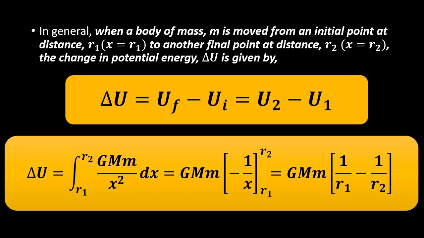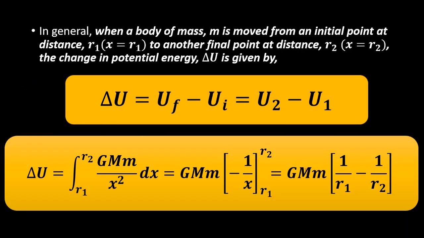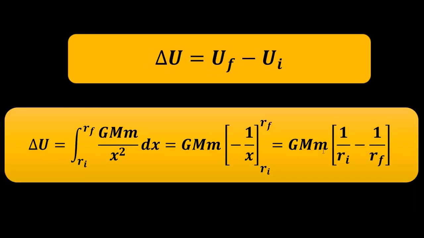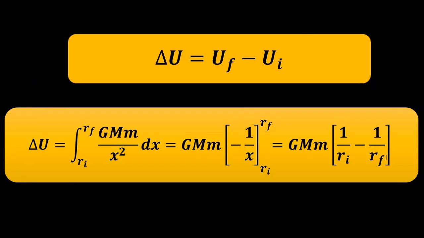Here instead, you directly use this formula. You find the gravitational potential energy at position r1, minus GMm by r1, then at the final point minus GMm by r2, final minus initial, and we get the same result: G capital M small m, 1 by r1 minus 1 by r2. In terms of initial and final positions, it is G capital M small m, 1 by ri minus 1 by rf, where ri is the initial separation and rf is the final separation.